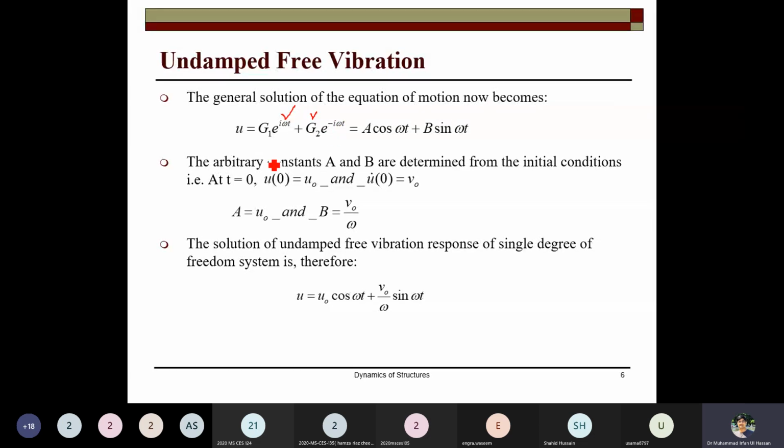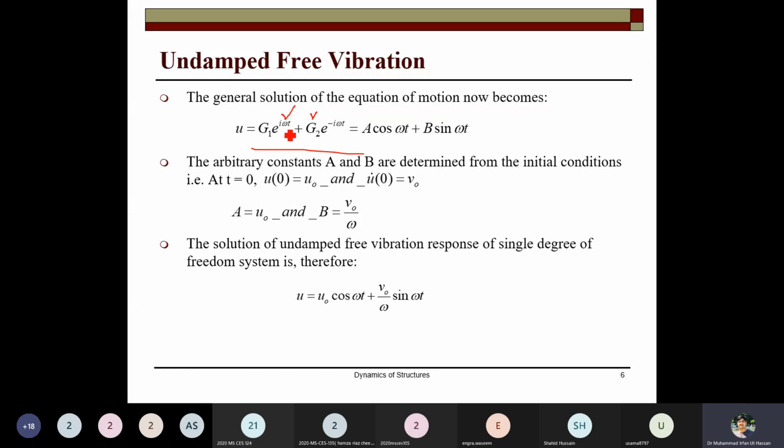But you know that in trigonometry, e raised to power i theta can be represented as cos theta plus i sin theta. So e raised to power i omega t and e raised to power minus i omega t can be written in terms of cos omega t and sin omega t.